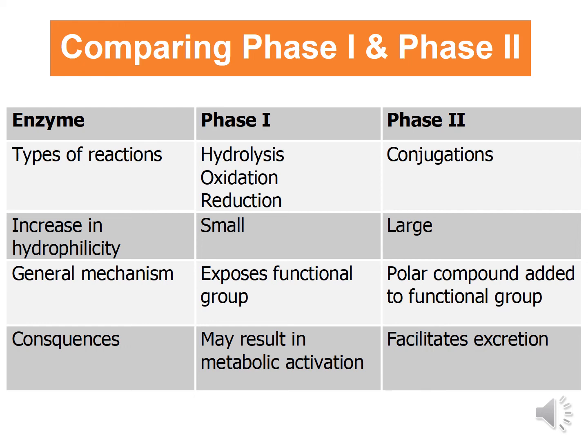For phase 2, a polar compound is added to the functional group. The main result of phase 1 is metabolic activation, and the result of the second phase is facilitated excretion.